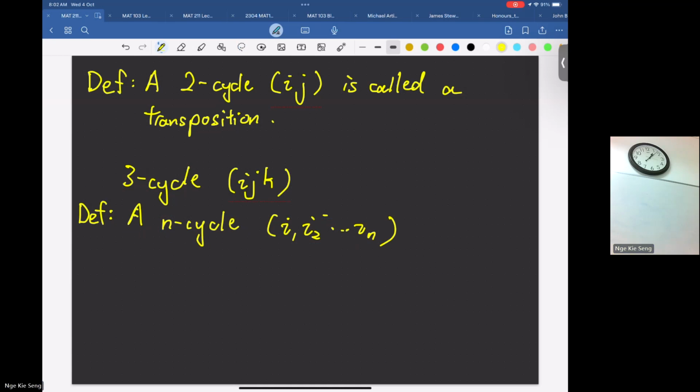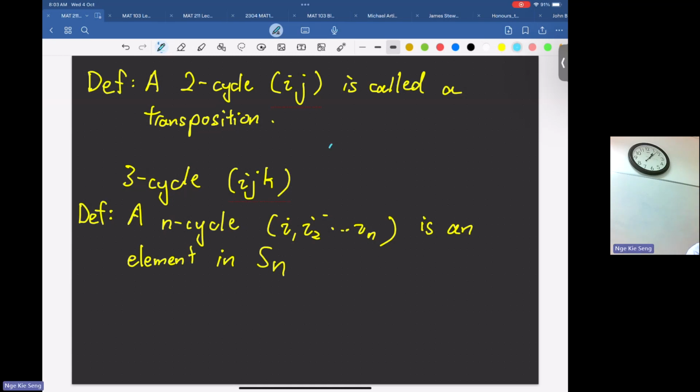First of all, where does this element lie? An n cycle is an element in Sn. But what does it look like?